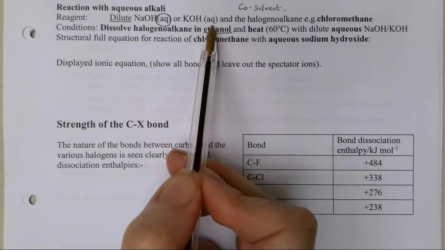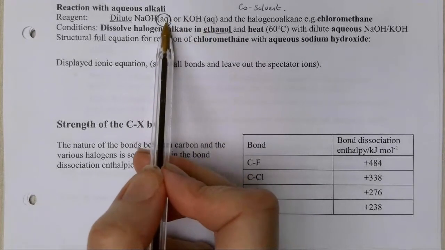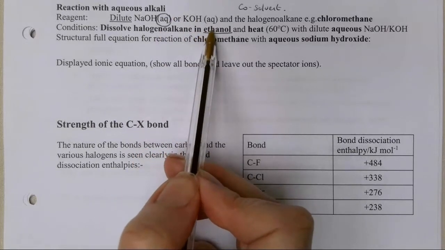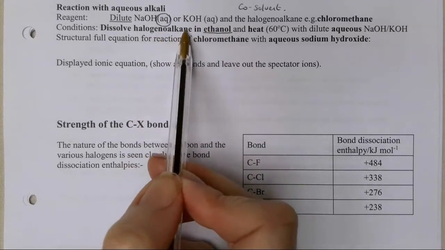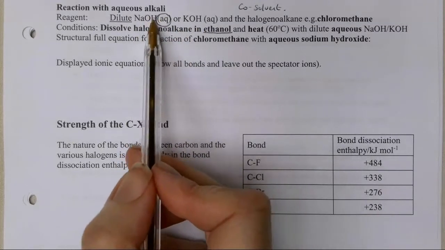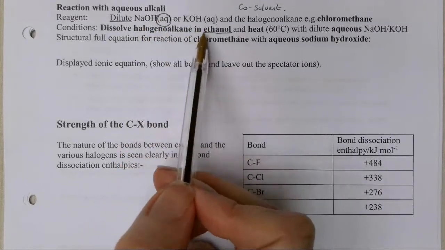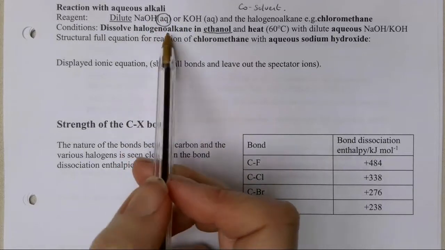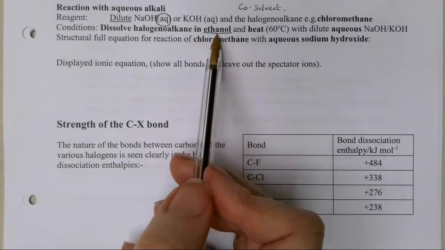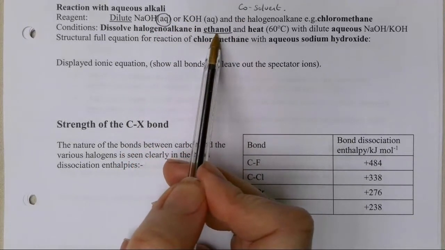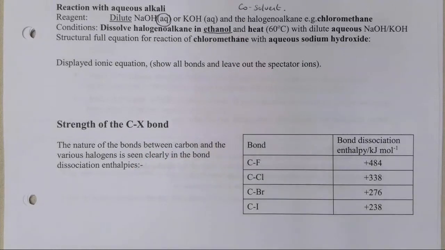So it's polar enough that it will take water into solution by doing hydrogen bonding, but it will also be able to dissolve in the halogenoalkane. So both of those will be able to dissolve, and they'll be able to mix together. So quite often in these reactions you will see ethanol there, as I said, as the co-solvent.